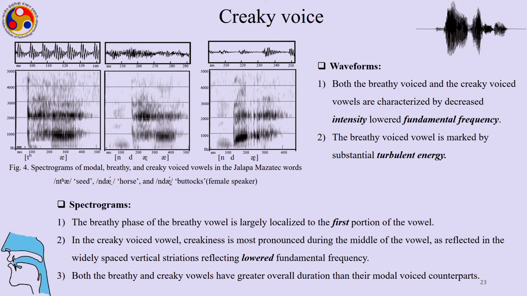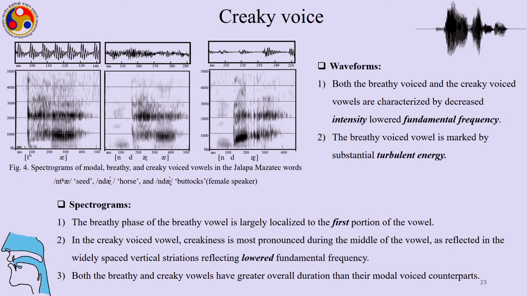So, this is the modal and breathy and creaky. We see the energy going down, and we also see that the breathy voice has more turbulent energy unlike the creaky voice. The breathy portion of the breathy vowel is largely localized to the first portion of the vowel, as you can see.